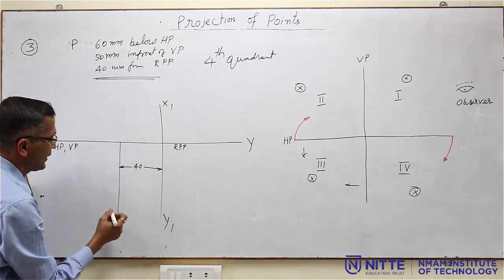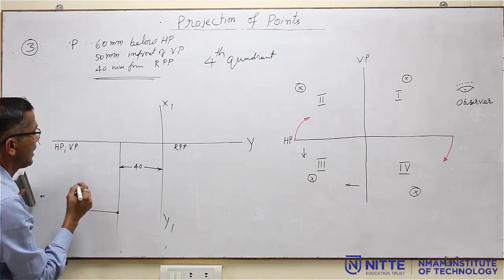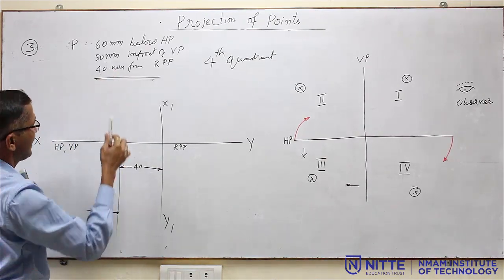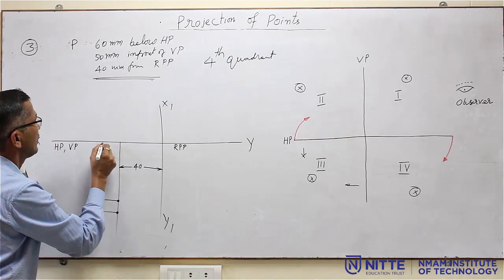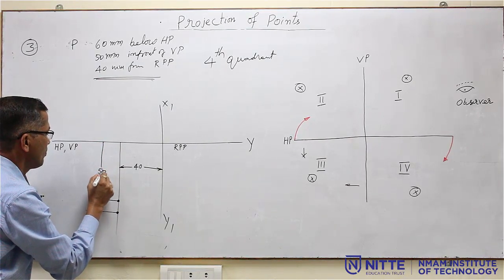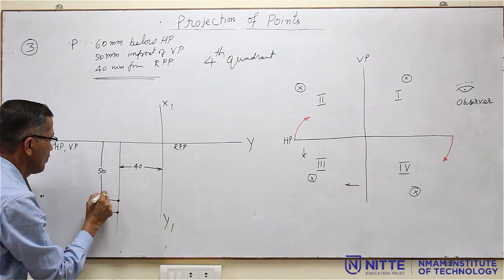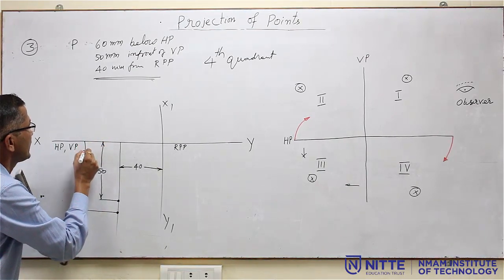From here you measure a distance of 60 mm and dimension that. One more is 50 mm. This is 50 mm. So, this is 60 mm.